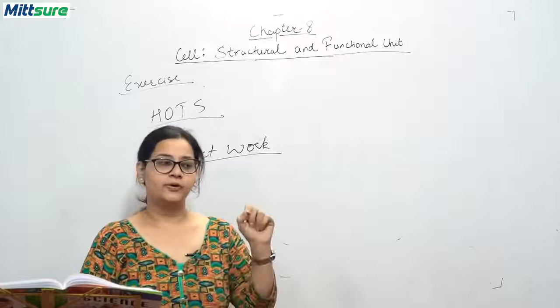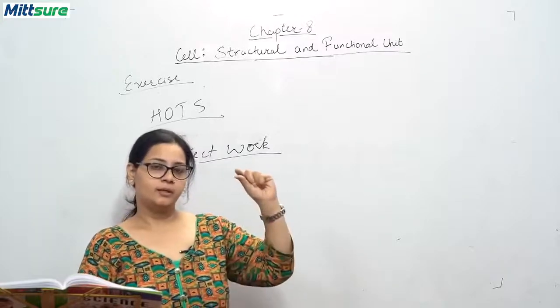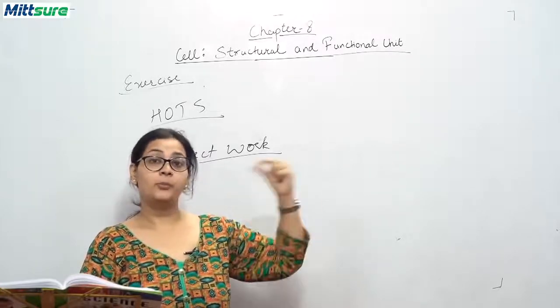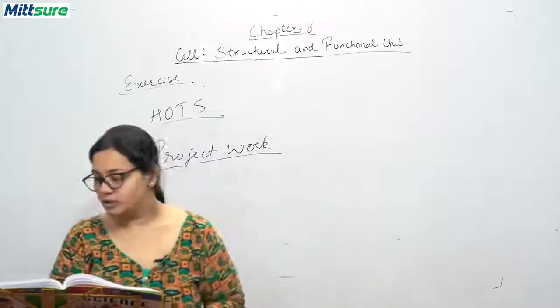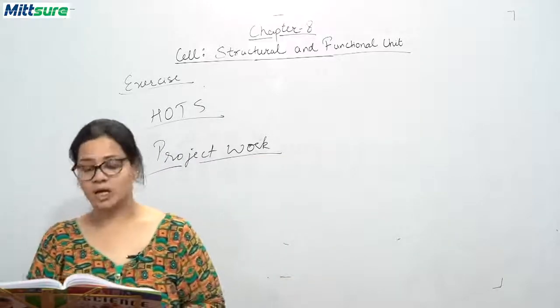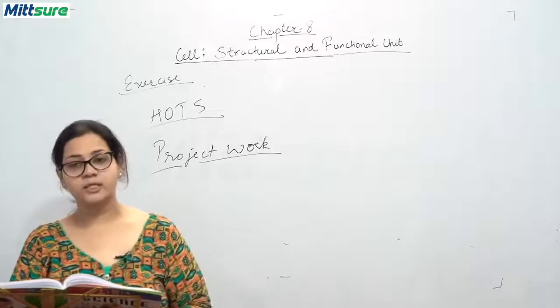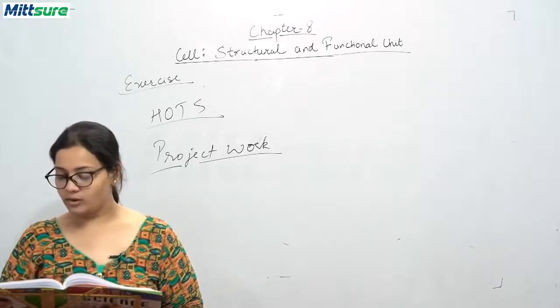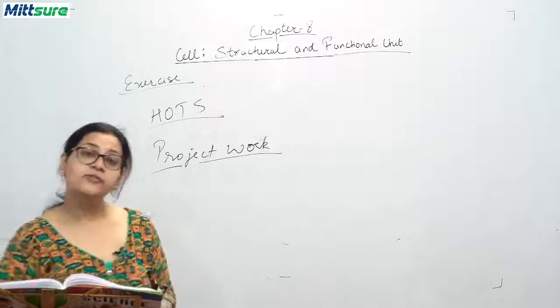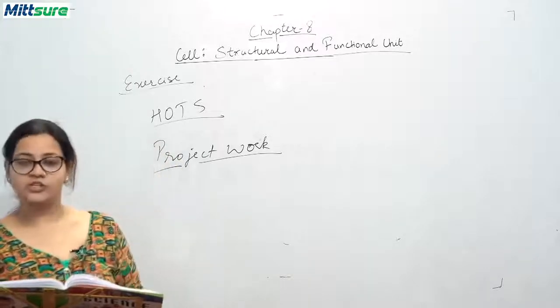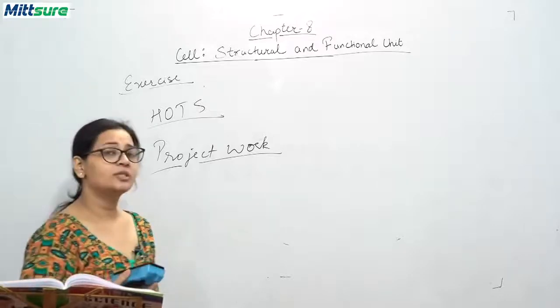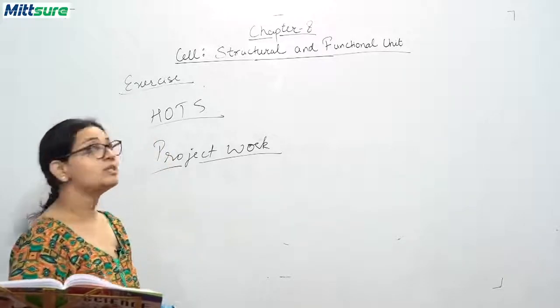Like if an object is 1 meter, then you can see it approximately 1 lakh times bigger. So this electron microscope was invented by Ernest Ruska and Max Knoll, and because of this, the structure of cells can be studied in detail. So we should give thanks to these 2 scientists. So that is all for the chapter.